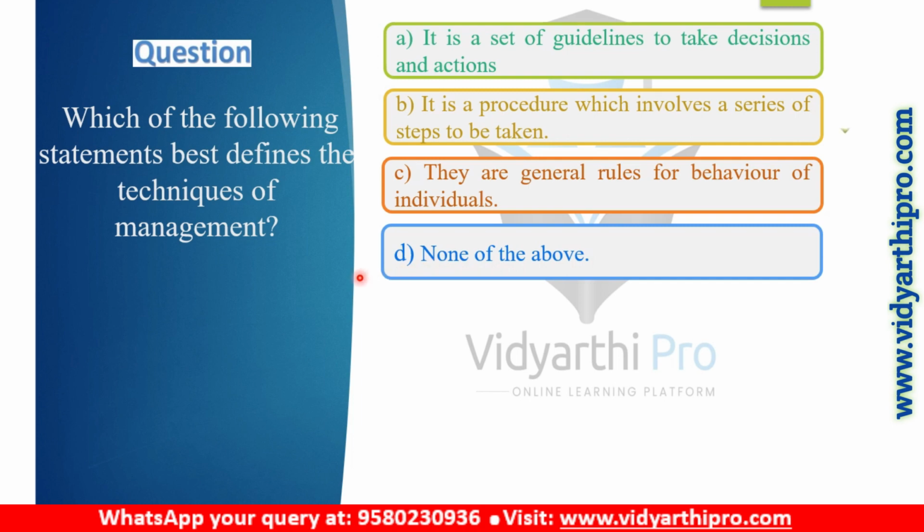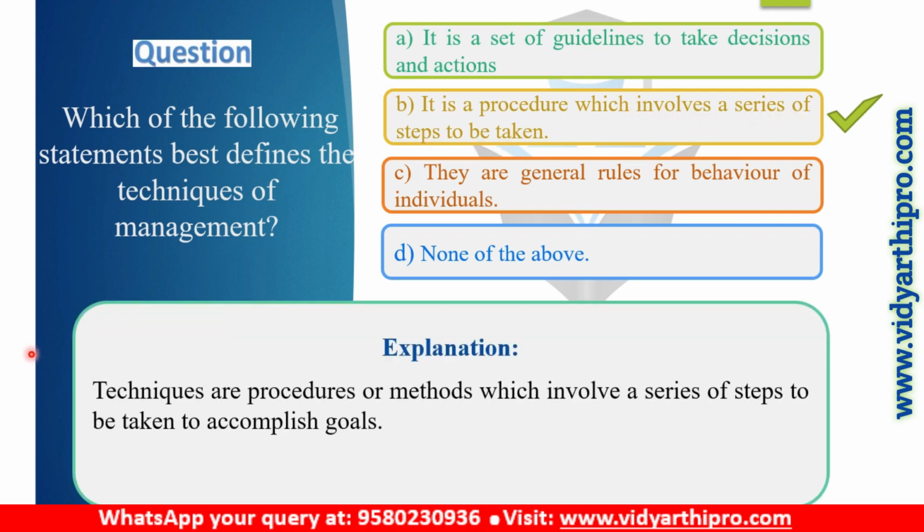And the correct answer is option number B, it is a procedure which involves a series of steps to be taken. Because techniques are the procedures and methods which involve a series of steps to be taken to accomplish goals in a very systematic manner.